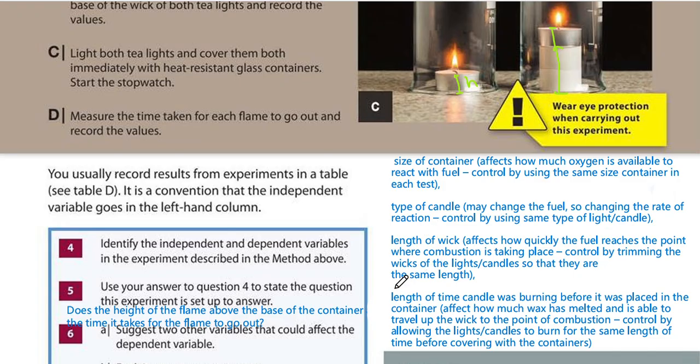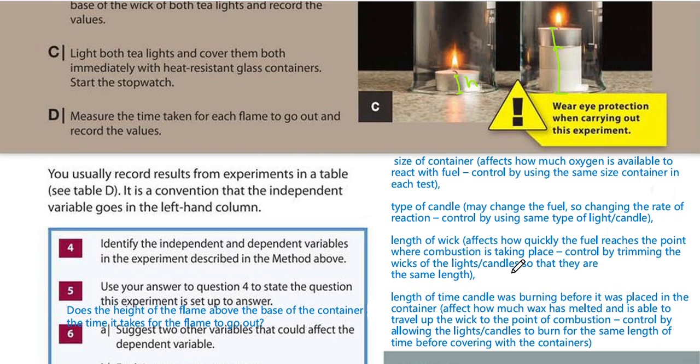The last one is the length of time the candle was burning before it was placed inside the container. So first we are lighting this. After lighting, we are covering it with the container. So it's talking about the length of time the candle was burning before it was covered. Even if everything else is controlled, if you took even a few seconds' delay to cover it in each case, then it's going to have an effect on the dependent variable.